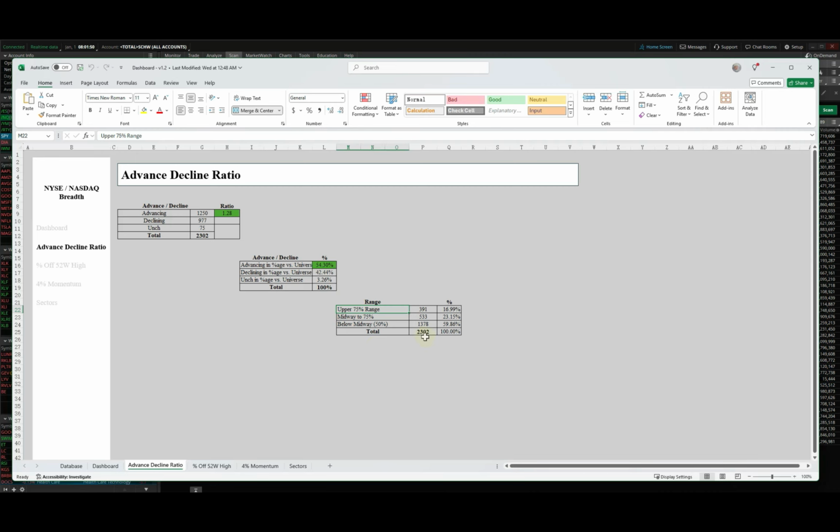So out of 2300 stocks, only 17% of stocks closed at 75% and above of the range.